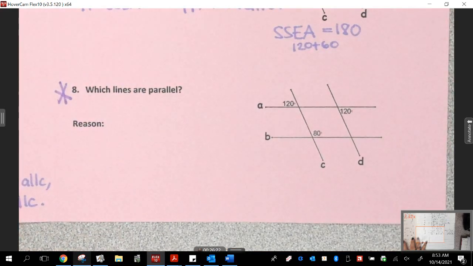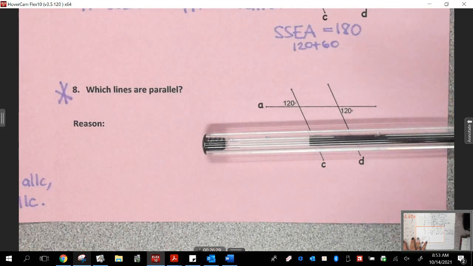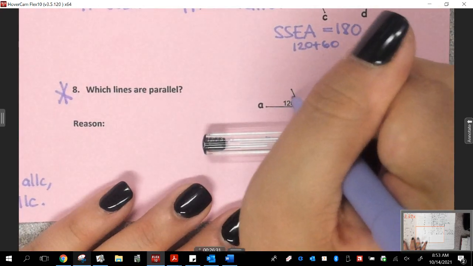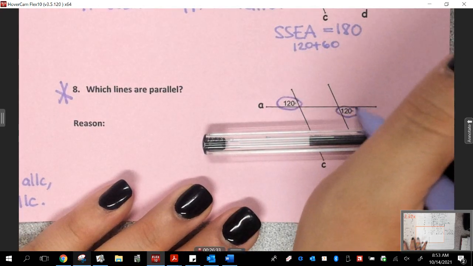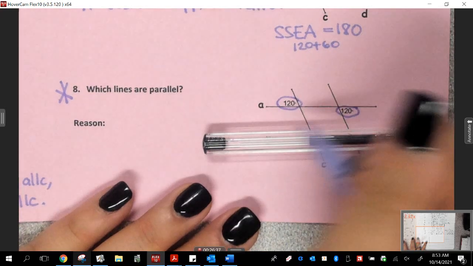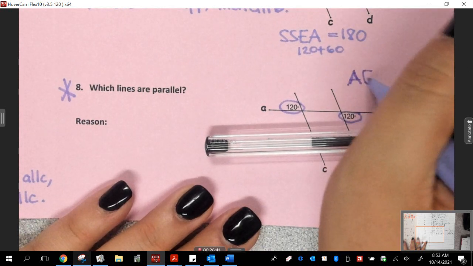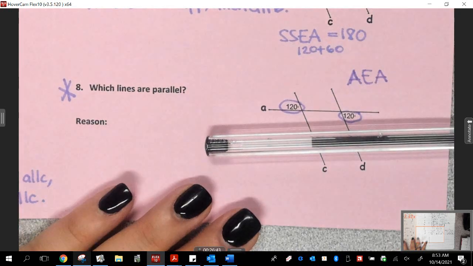Number 8 is also a bonus. Yes. All right. What do we do first? Cover up the bottom. Ian, Koi, what do I have? They are on different sides. Exterior angles.